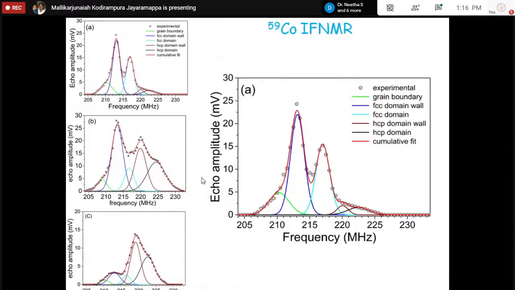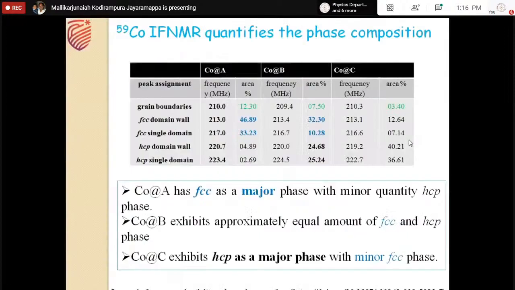The same experiment we have explained in detail here, with different compositions and how domain walls and domains contribute. Let us skip that for the time being.